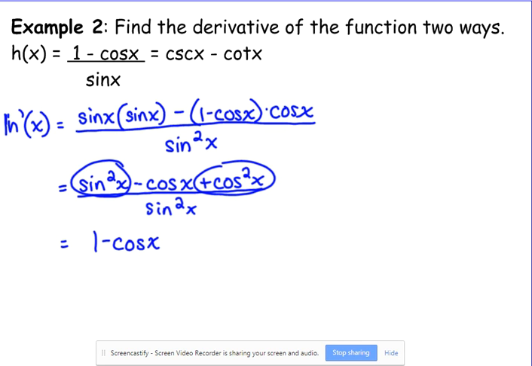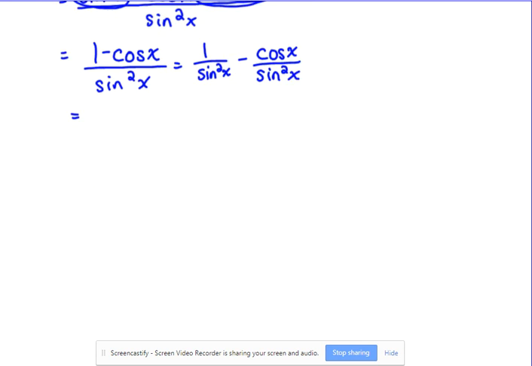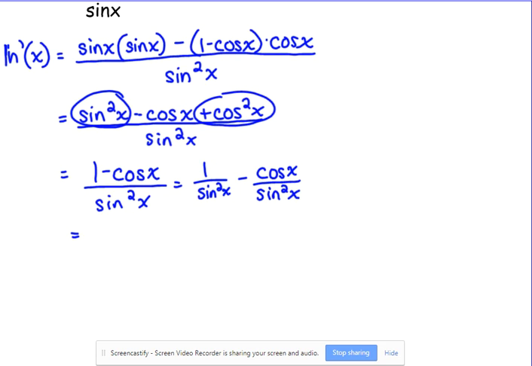So we've got 1 minus cosine of x over sine squared of x, which, if we decompose this fraction, we've got, let me write it right here, 1 over sine squared, in case you're having trouble visualizing that, minus cosine of x over sine squared of x. Okay. 1 over sine squared is cosecant squared of x.